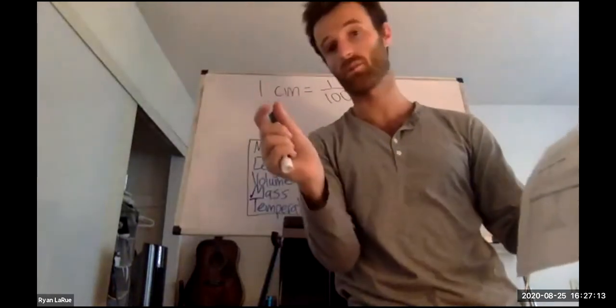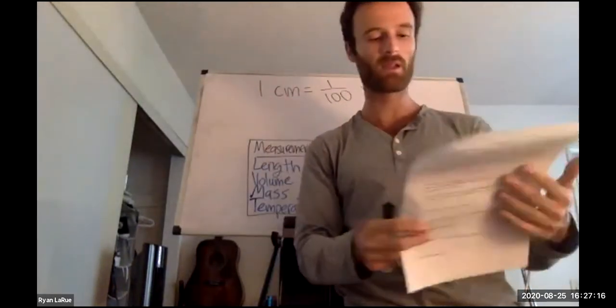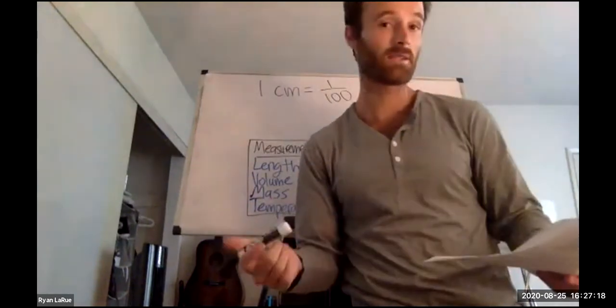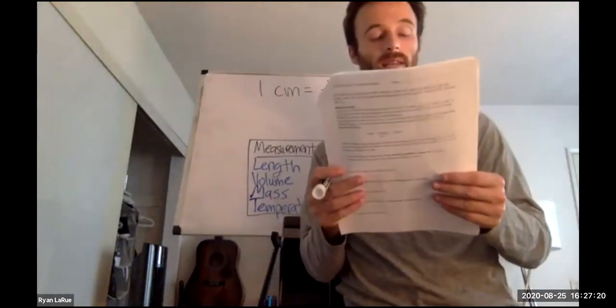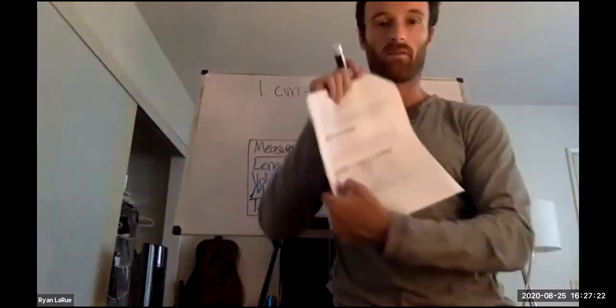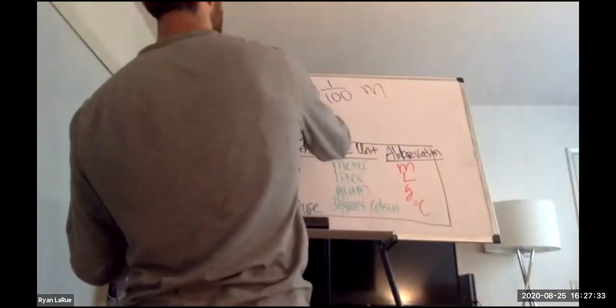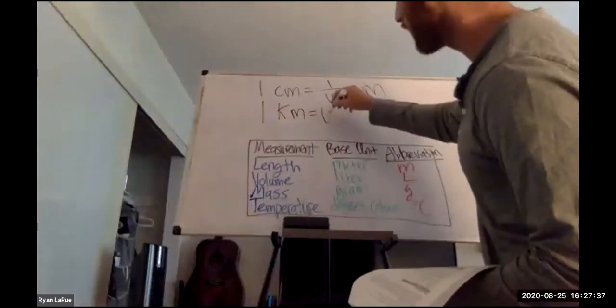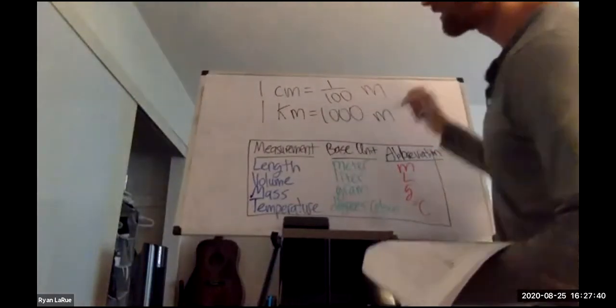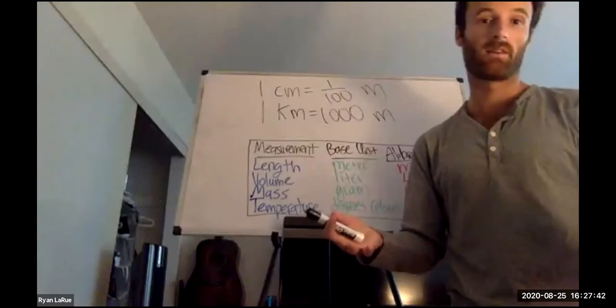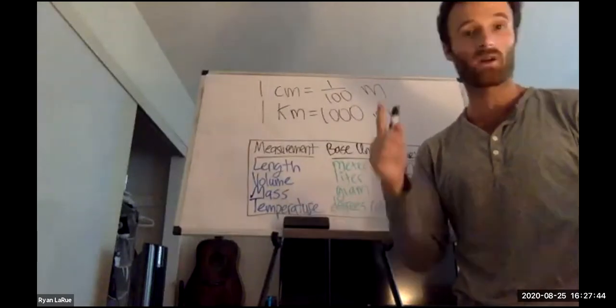So centimeters are smaller. In contrast, the prefix kilo, for kilometer, means 1,000. So 1 kilometer is going to be 1,000 meters, meaning that's a larger measurement. 1 kilometer is very big.